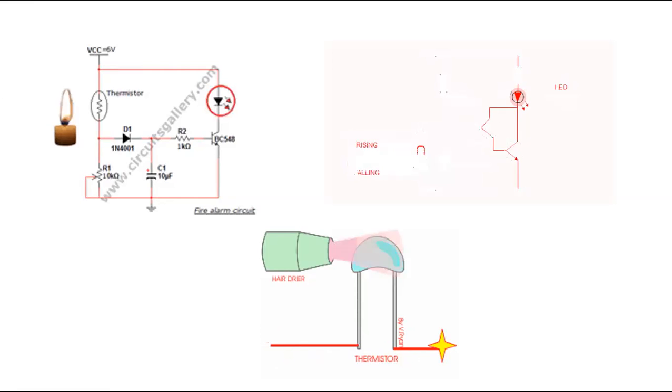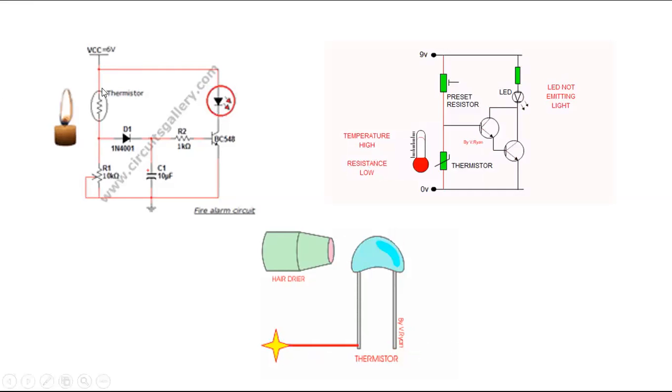As a result, current flow increases, and this current turns on the bulb or the load which is connected.